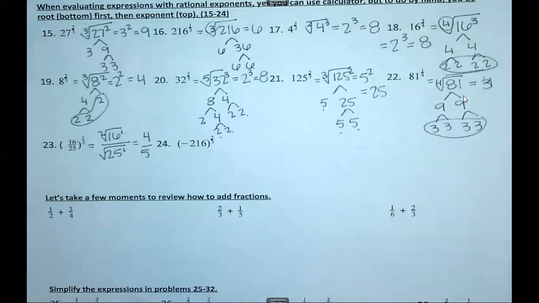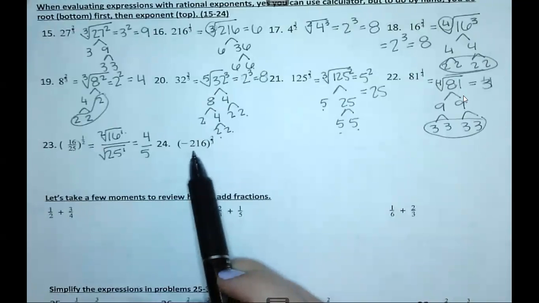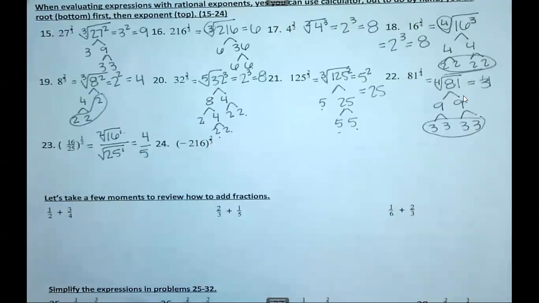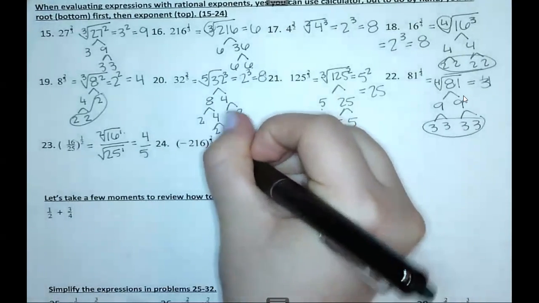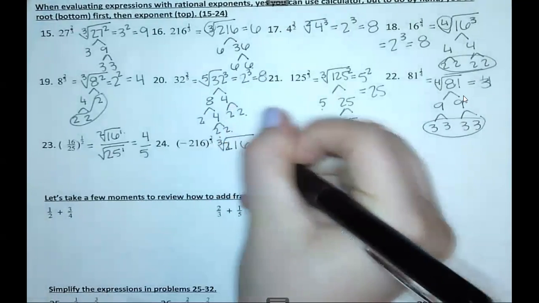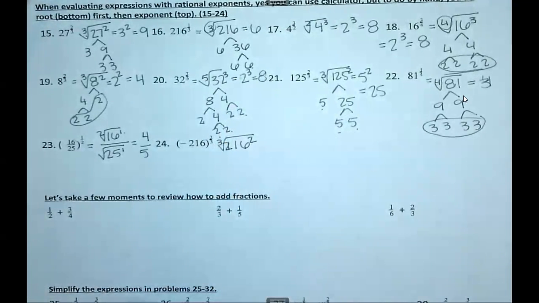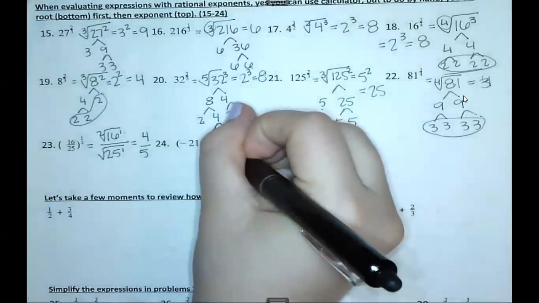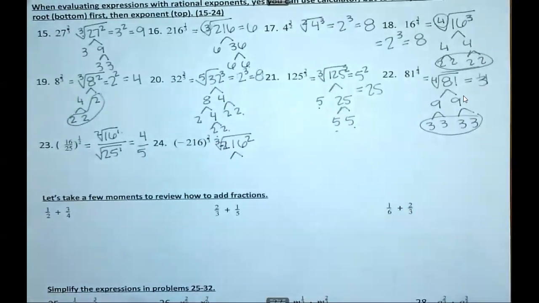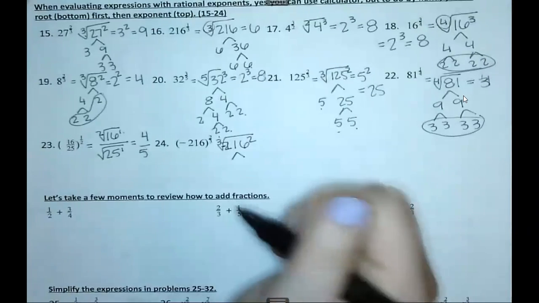Okay, and on number 24, we have negative 216 raised to the 2/3 power. So I'm taking the cubed root of 216 squared. Oh, negative 216. So I'm trying to come up with something that would give me negatives. So I need something that would multiply to give me negative 216.